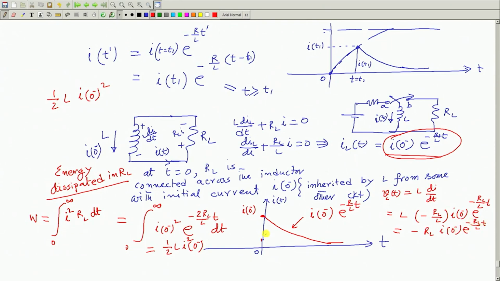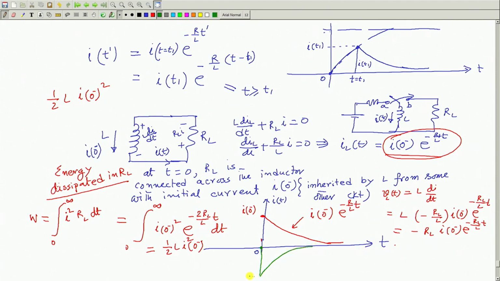So, this was the current, how it changes with time. And what will be the voltage across the inductance? It will have a sharp negative value, then it will exponentially decay down to 0.